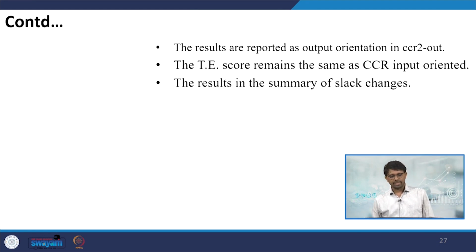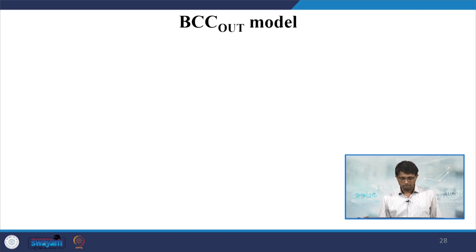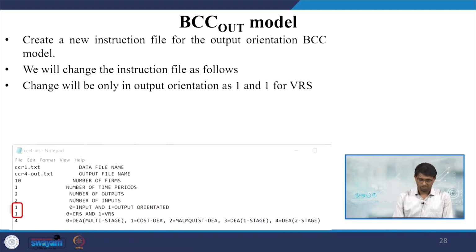The technical efficiency scores remain the same as CCR input-oriented. The summary of the slacks changes a bit, since our approach is for outputs. The explanations are actually the same, so I am not emphasizing further. If you have any doubt, we will address it. Similarly, in BCC output, we only change VRS to 1 and output to 1, since it is highlighted in the instruction page.